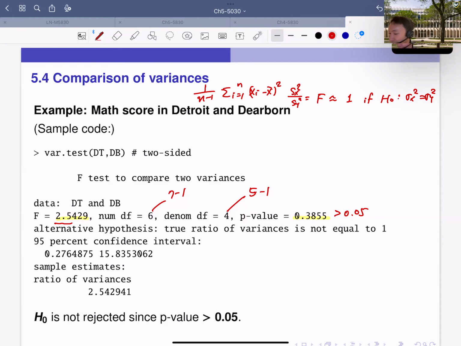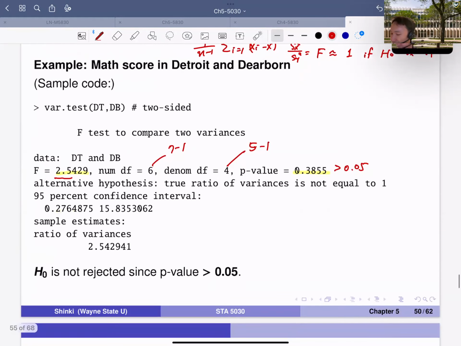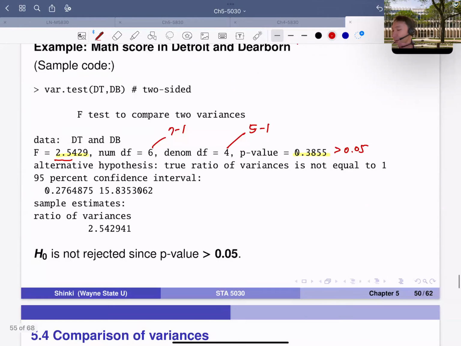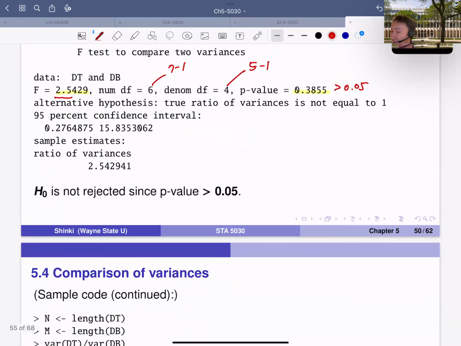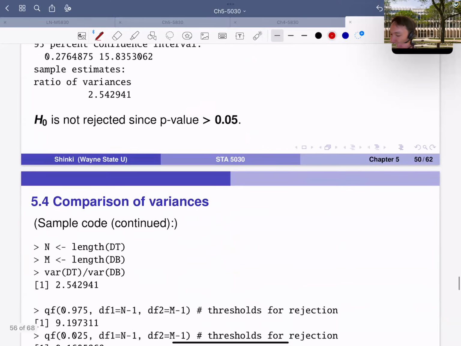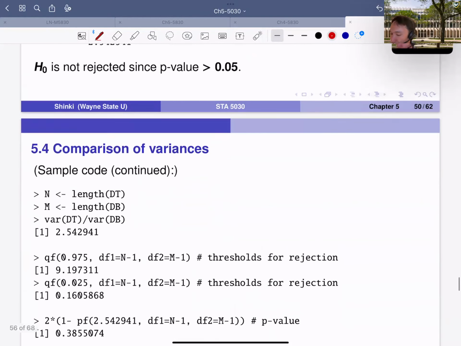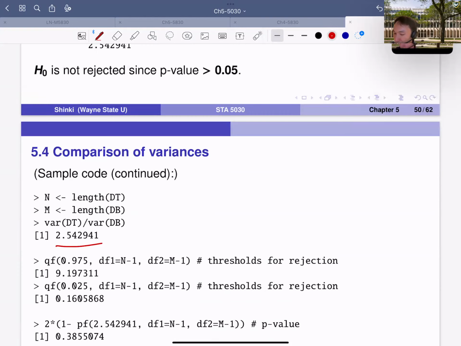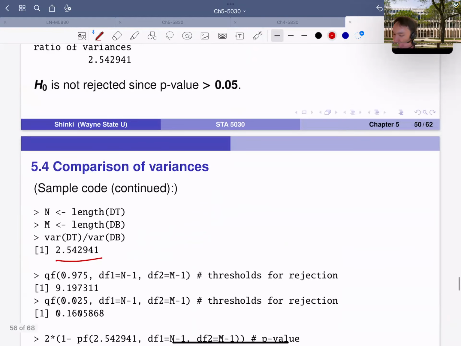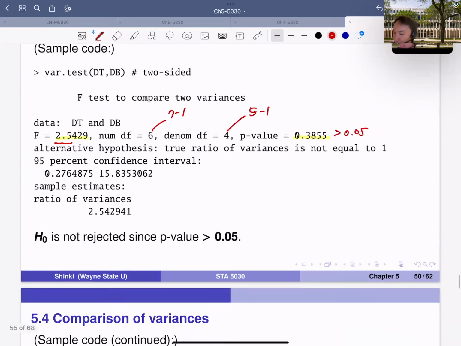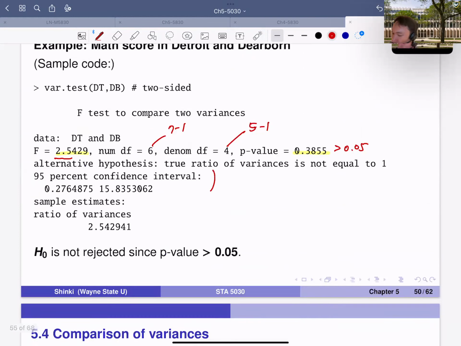So statistical testing is pretty conservative, especially this kind of test for variance. The ratio of variance is 2.54. And the 95% confidence interval is here.